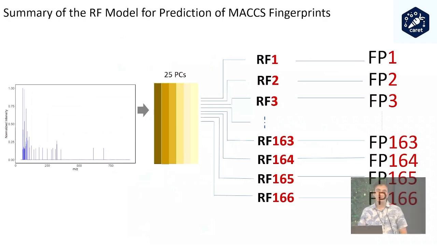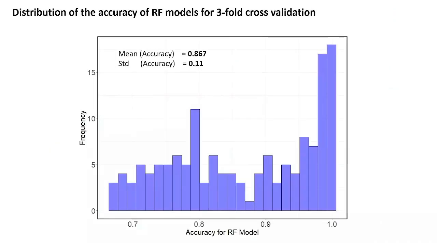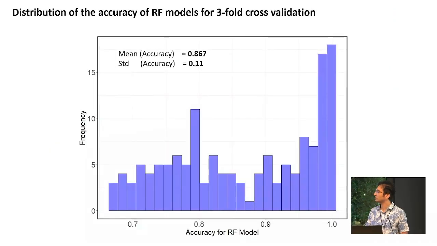So we trained 166 random forest models for prediction of the 166 fingerprints, and then we use these fingerprints for searching inside HMDB or PubChem. And this is the overall accuracy of those 166 random forest models. Some of them were not very accurate, but on average, they were good. So it means that we can use these models for prediction purposes.